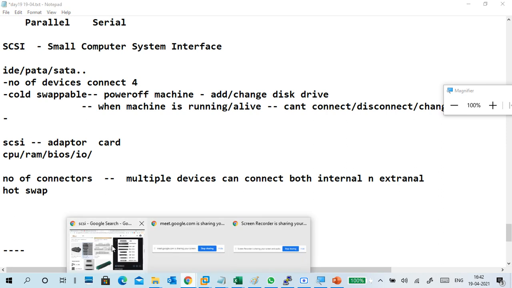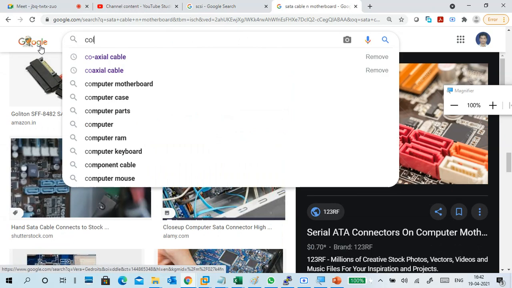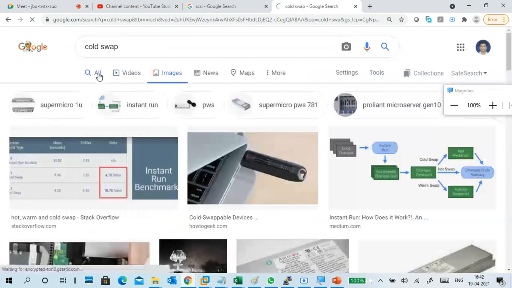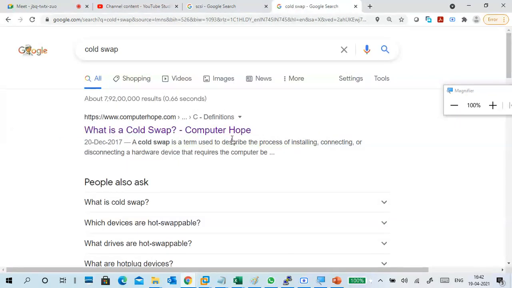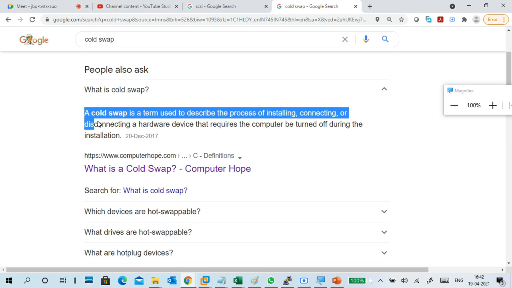What is this hot swappable, cold swappable? We'll see first. First is cold swap. Cold swap is used to describe the process of installing, connecting or disconnecting a hardware device that requires the computer to be turned off during the installation.